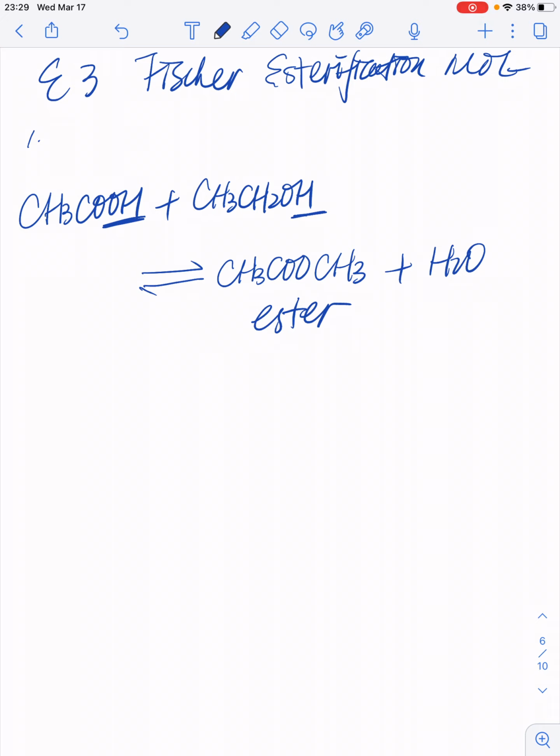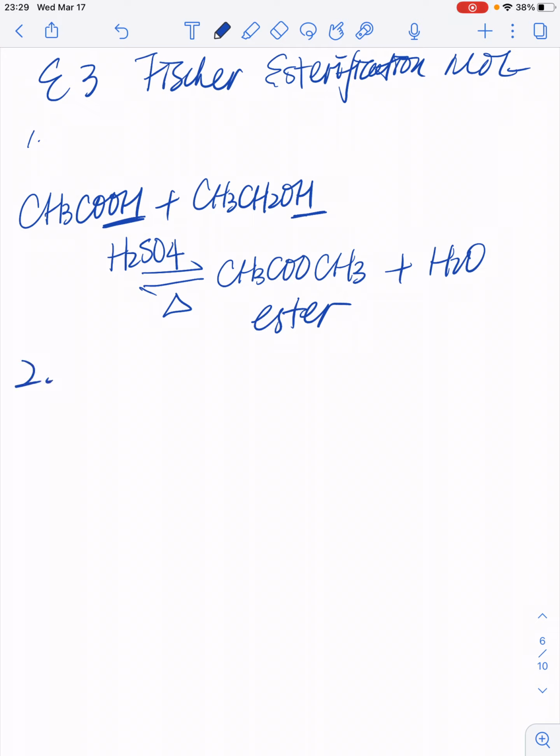And now it's a balanced equation. Except the reaction happened in either conventional heating or microwave heating. You need to give it a little heat to push it. At the same time, sulfuric acid was used as the catalyst to catalyze the reaction. And now we have a balanced equation.